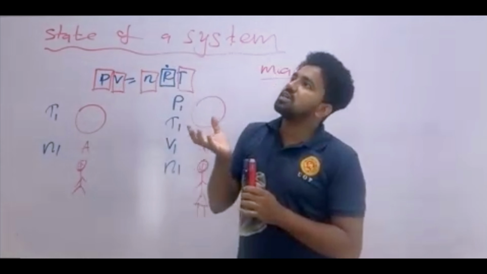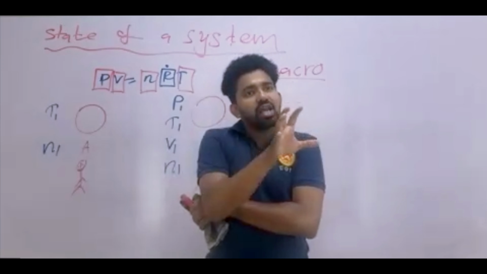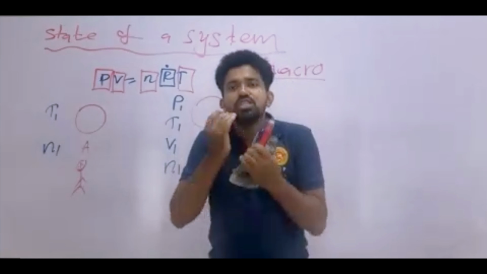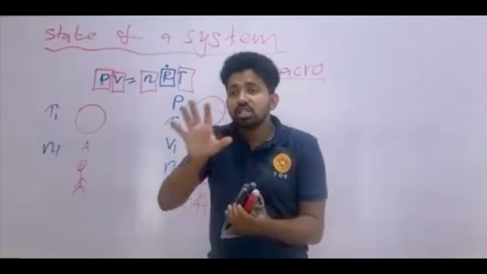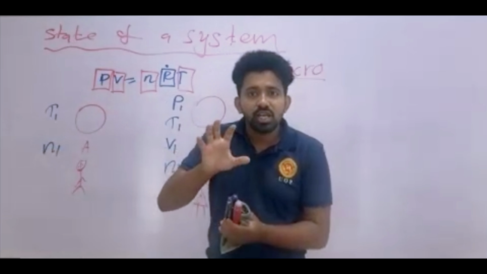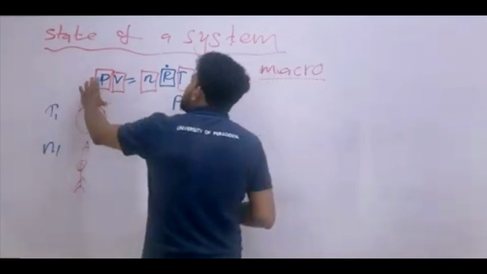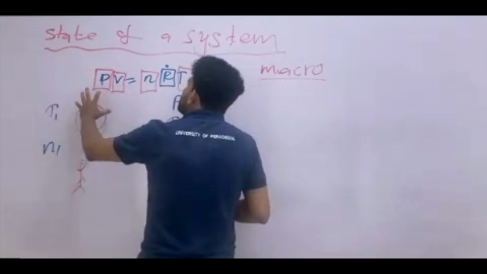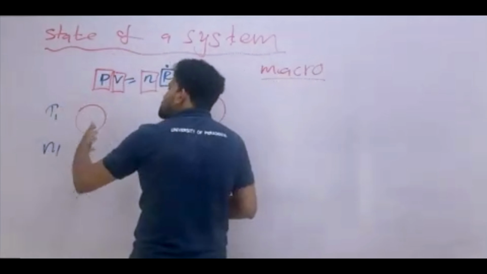So state of the system means we know the values of the system at which it stays. We know the value of the pressure, meaning we know some state of the system.